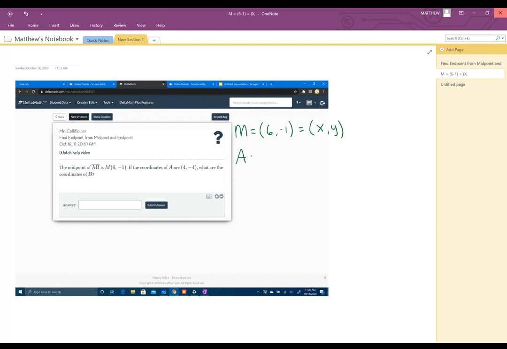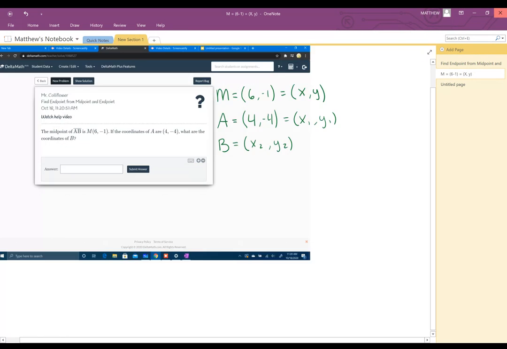My point A, which is (4, -4), is going to be my x1 and my y1. And my B, which I don't know, I'm going to let that be my x2 and my y2. And now I'm going to use the midpoint formula to find the values of x2 and y2.